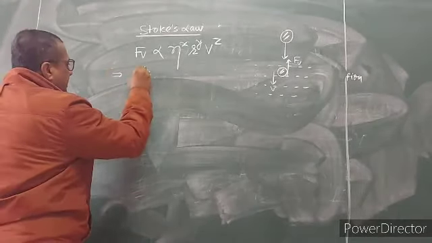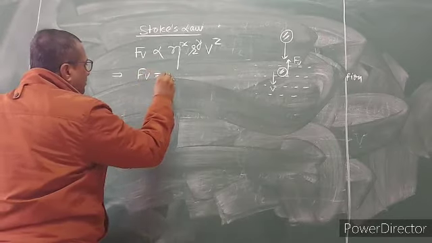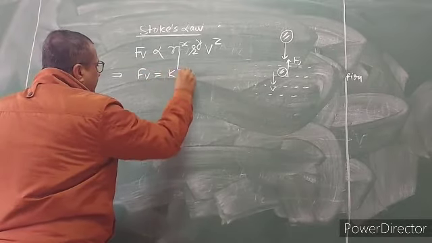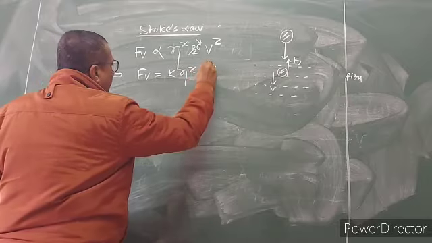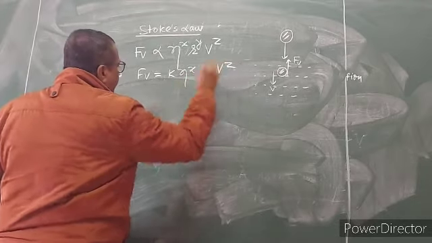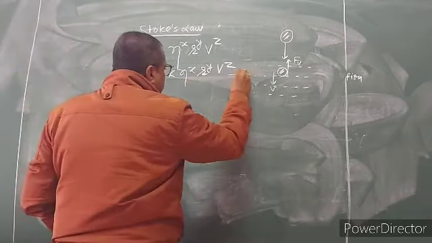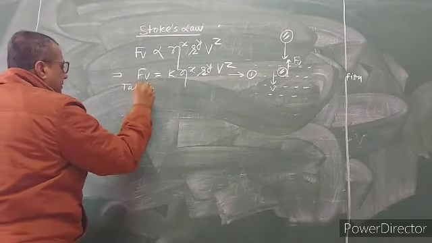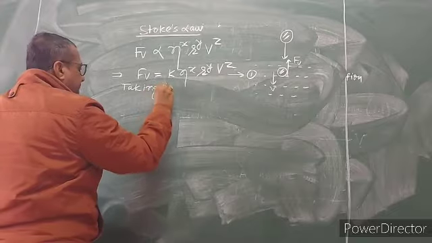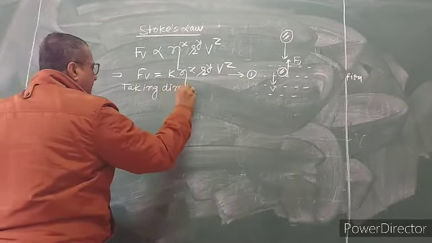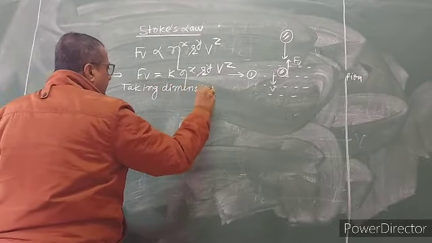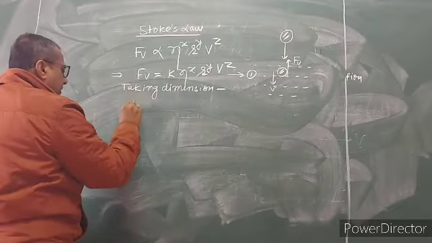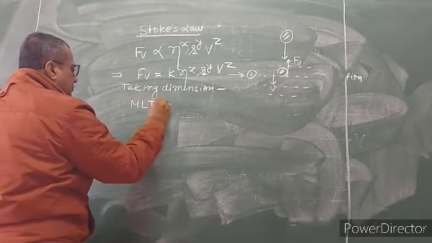So this can be written as Fv equals k eta^x r^y v^z. Taking dimensions on both sides: Fv is M L T minus 2.